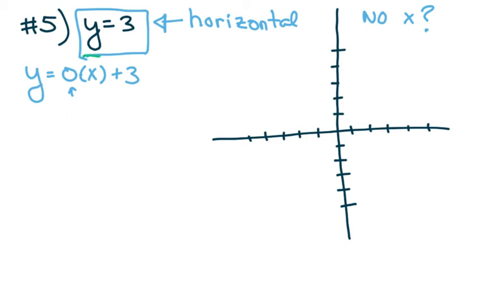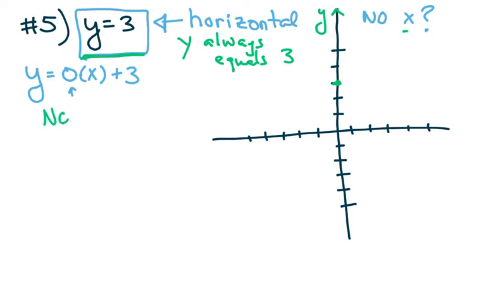But what this tells me is no matter what x is, y always equals 3. Well, here's 3 on the y-axis, and that is the y-intercept.